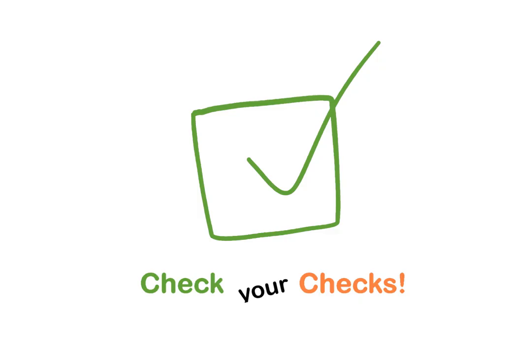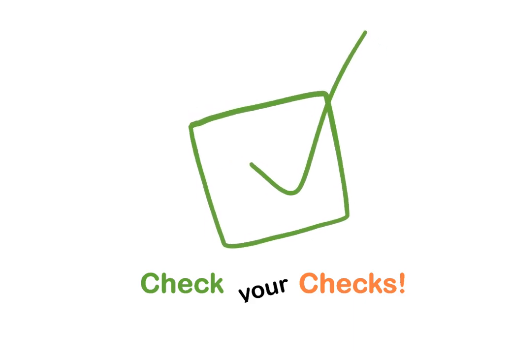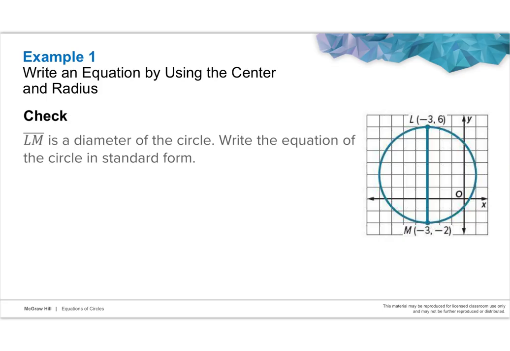Okay, everyone. This is the part of the video where you really want to check back on the answers to those checks that were assigned to you as you were watching. For our check for example 1, remember we have a diameter running vertically this time. We have the endpoints -3, 6, and -3, -2.